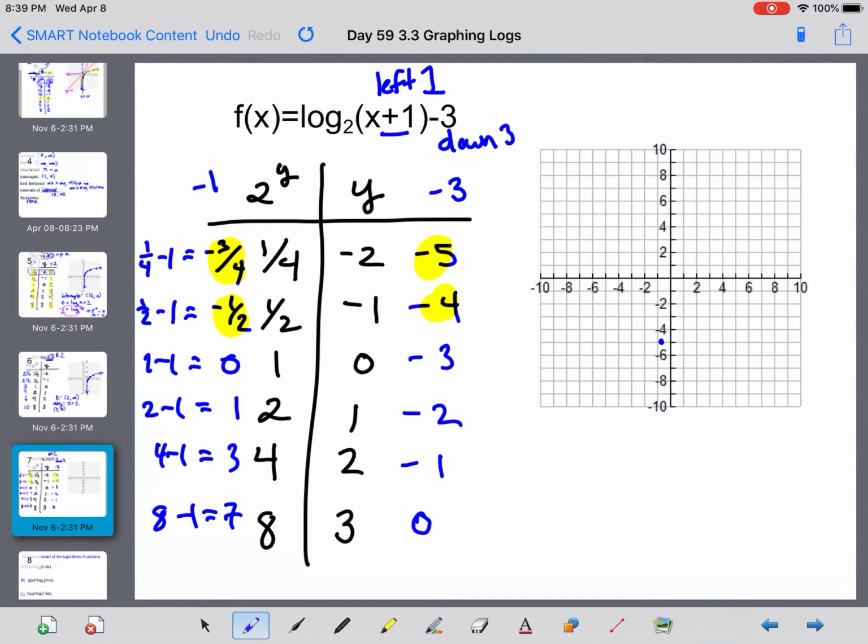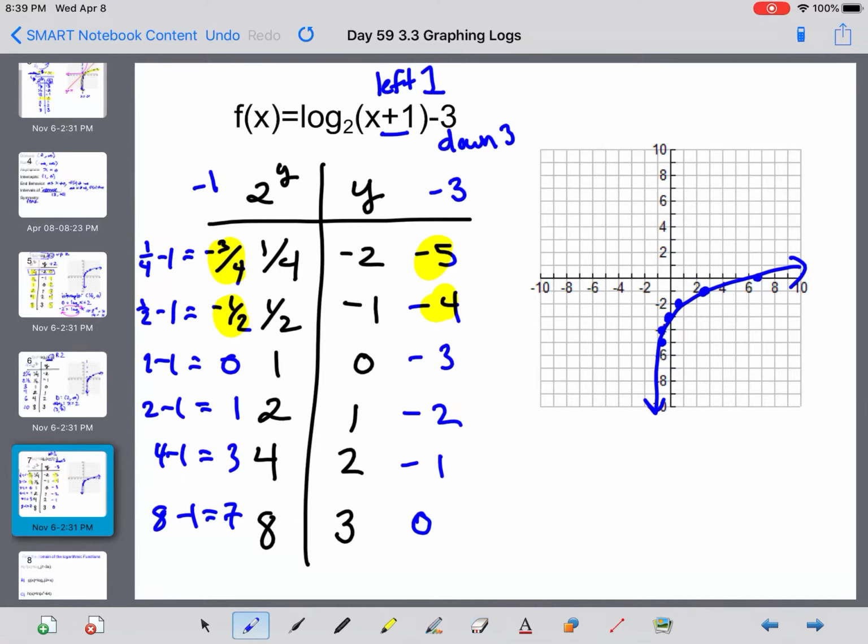So I'm going to take a second here and get these guys plotted as best as I can. Oops, I had a bit of a rogue point on there.